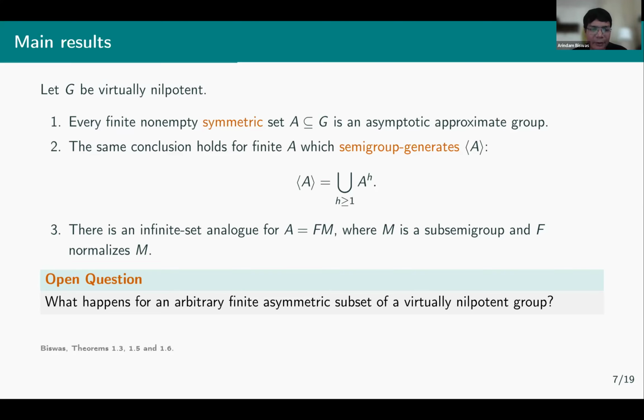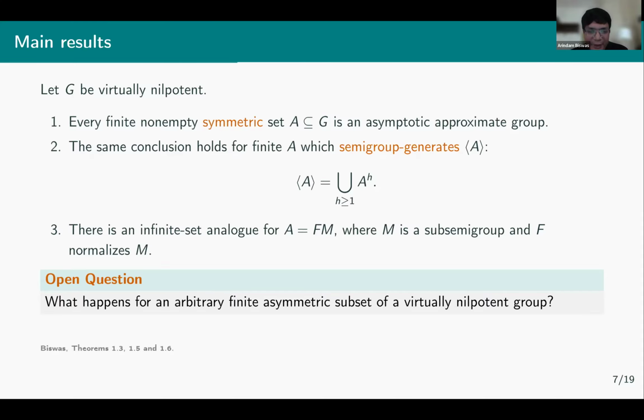And there is also an open question. If you look at the main result, I do not say anything about general asymmetric subsets, which was shown also in Nathanson's work for abelian groups.